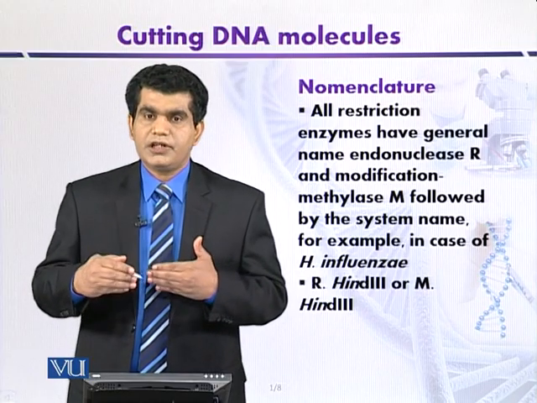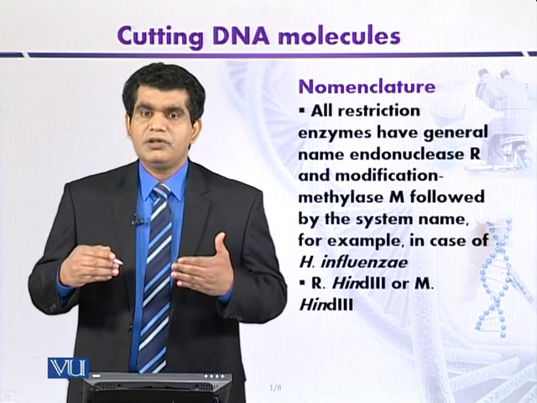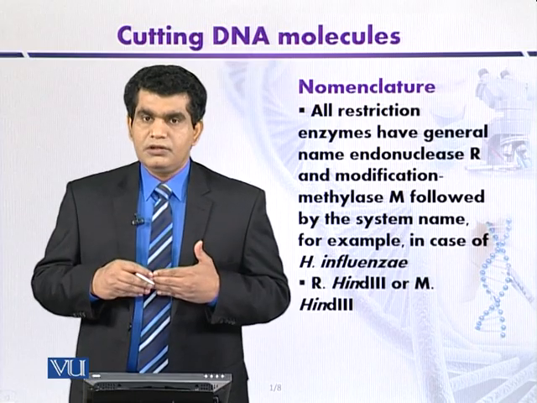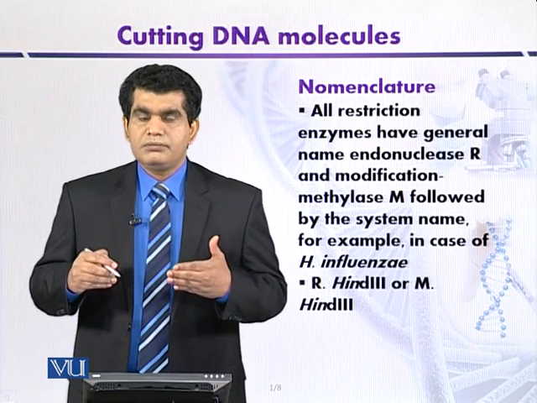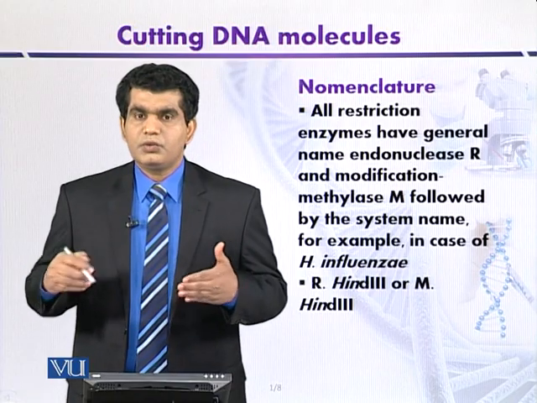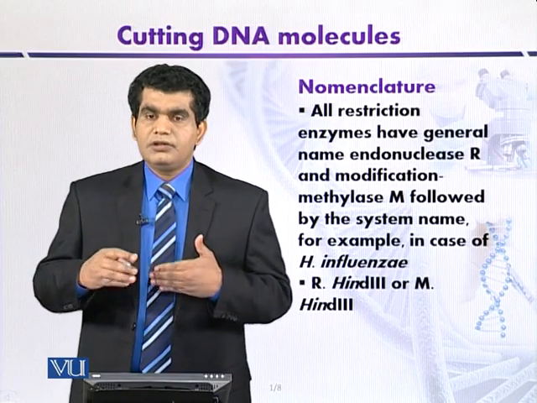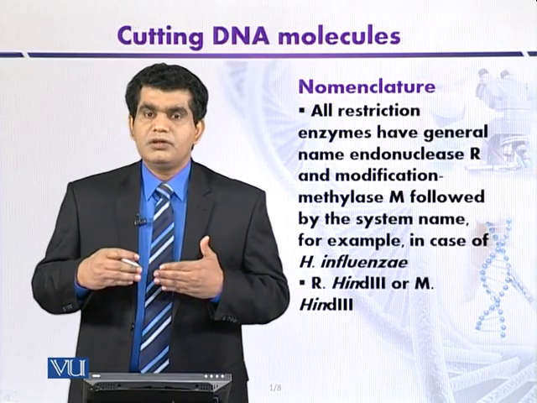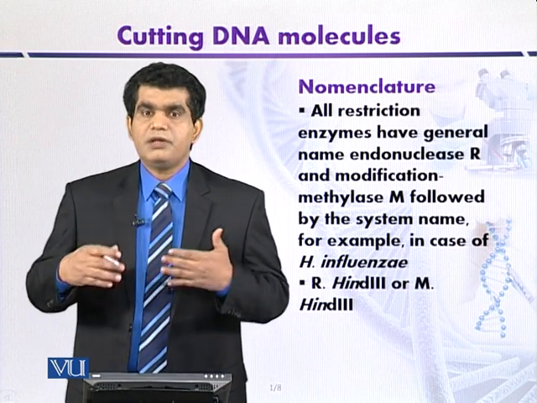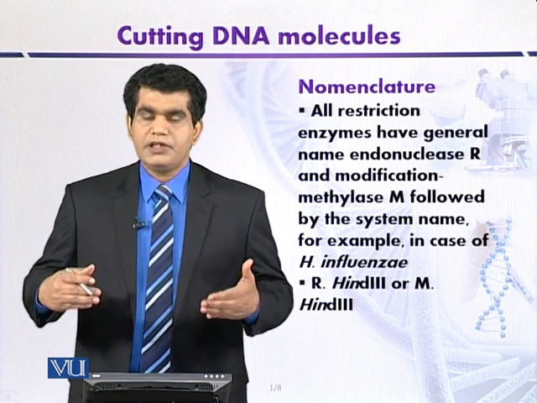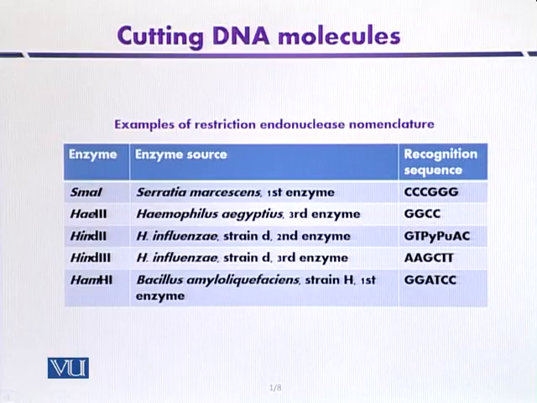It indicates that this enzyme shows restriction activity. If it is written as M dot HIND 3, it means this enzyme shows methylation activity and plays a role in DNA modification. So these are examples of how restriction endonucleases can be given different names.